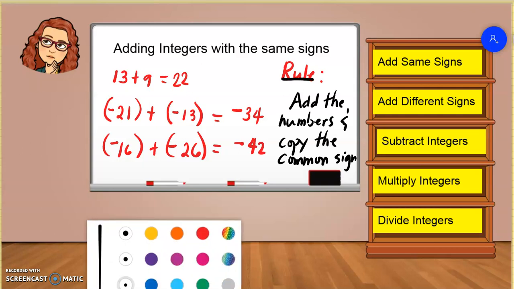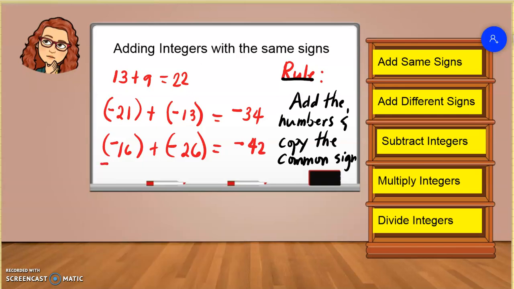So before I proceed to the second type, what about if I have here negative 12 plus negative 13 plus negative 9.